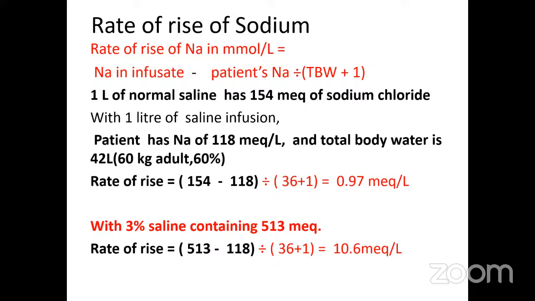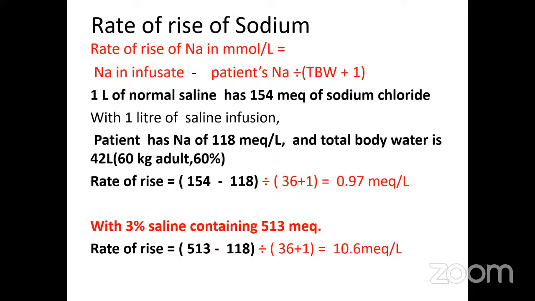Rate of rise of sodium is given by this formula: sodium in the infusate minus patient sodium, divided by total body water plus 1. If you are using normal saline, which contains 154 milliequivalents of sodium chloride, if you give 1 liter of saline infusion in a patient who has got 118 milliequivalents per liter, and, I'm sorry, it is 36 liters, not 42, 36 liters, the rate of rise will be: saline contains 154, normal saline.